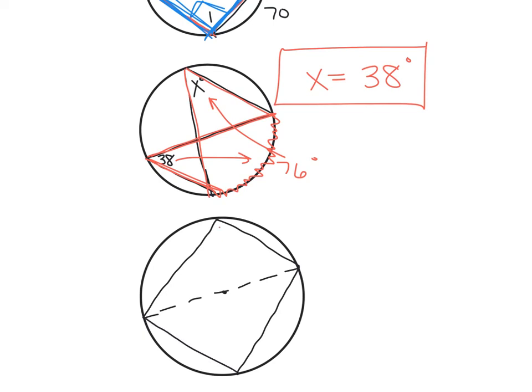All right, so here's angle 1. This guy's angle 2, angle 3, and angle 4. And we know this arc is 60 degrees, and this arc is 80 degrees. All right, let's start at 1. How many degrees is angle 1?